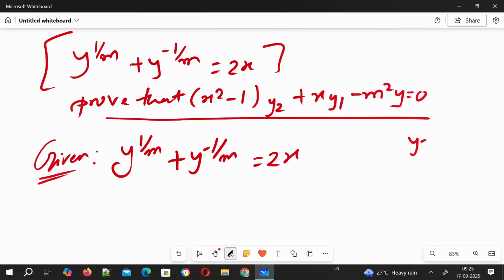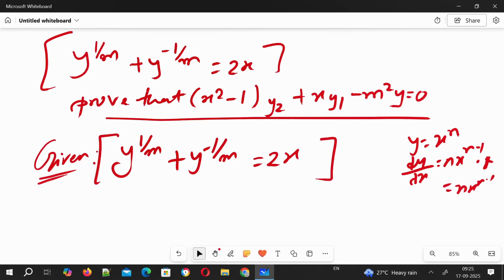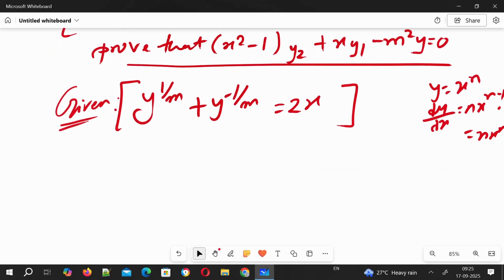You know very well that if y equals x to the power n is given, you can differentiate it like n x to the power n minus 1. So in this form you can differentiate the whole given equation with respect to x.